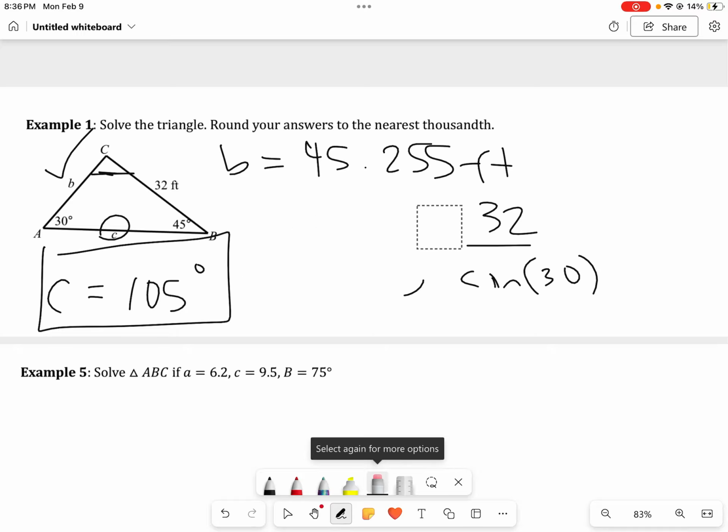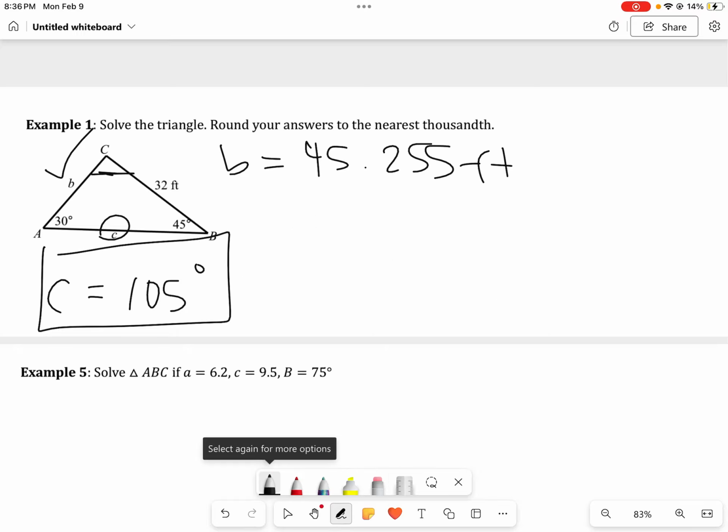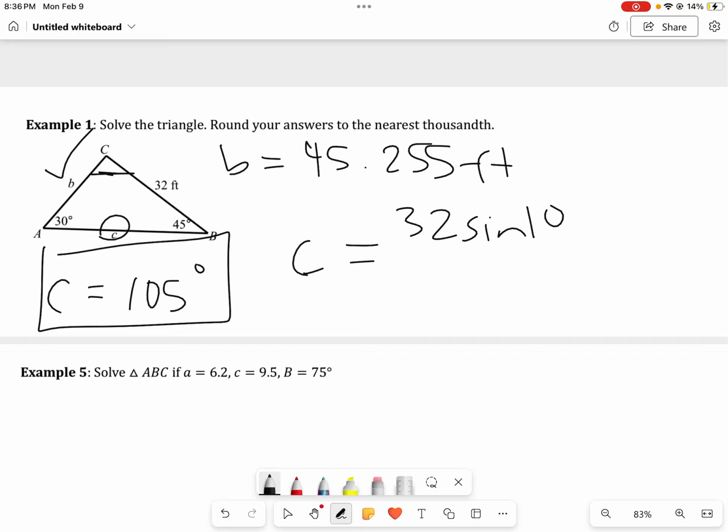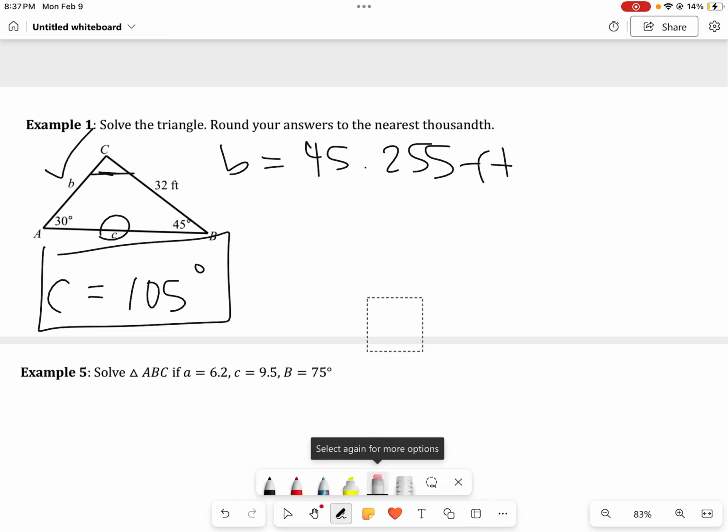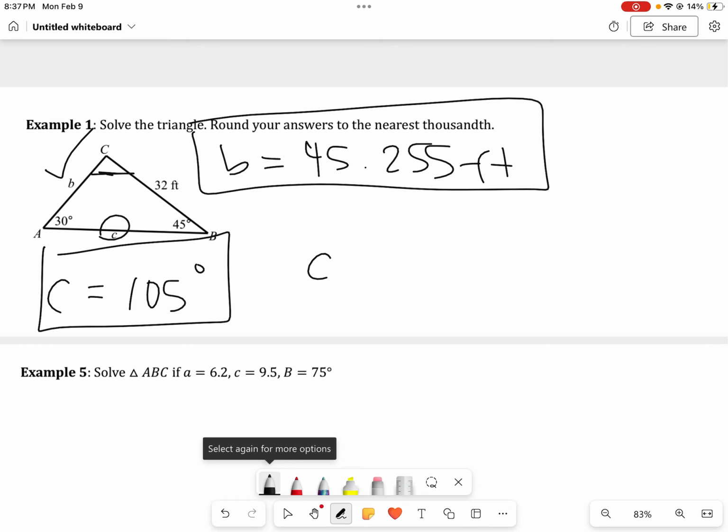After you cross multiply, you'll get C is 32 sine 105 all over sine of 30. Okay, so plug that into Desmos or whatever calculator you're using. That means that you will get side length C as 61.819 feet, if you round correctly.